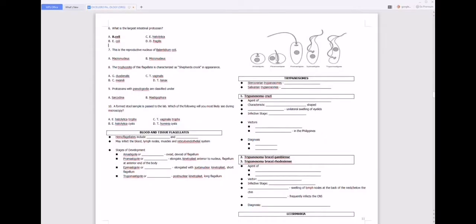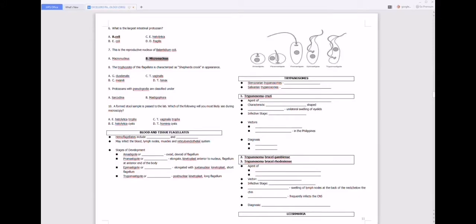Okay, so next, this is the reproductive nucleus of Balantidium coli. A. Macronucleus or B. Micronucleus. So the answer is letter B. Micronucleus.